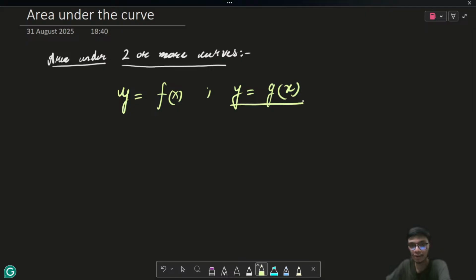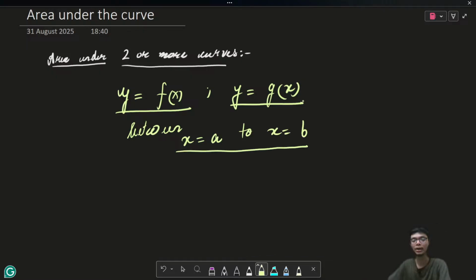These are the two curves, right? And I want to find the area bounded between the lines x equals a to x equals b. I am only bothered about calculating the area bounded between these two curves from the line x equals a to x equals b, right?